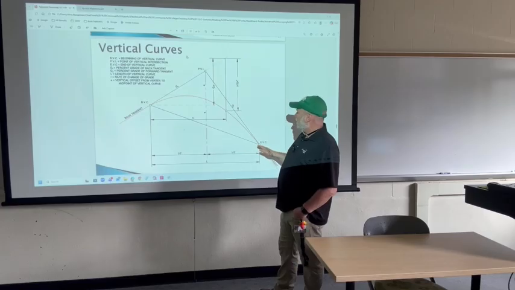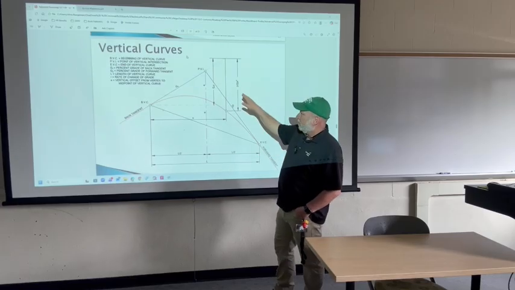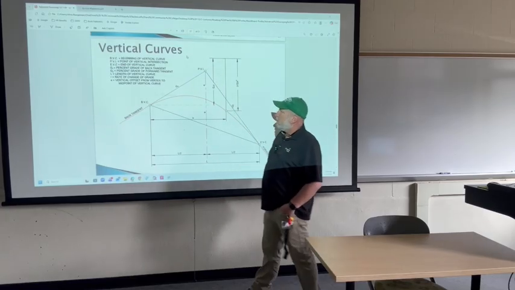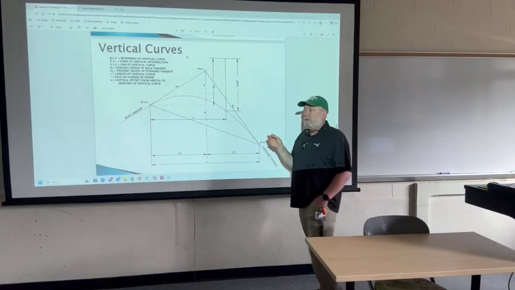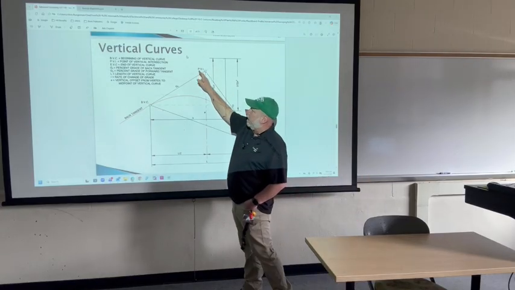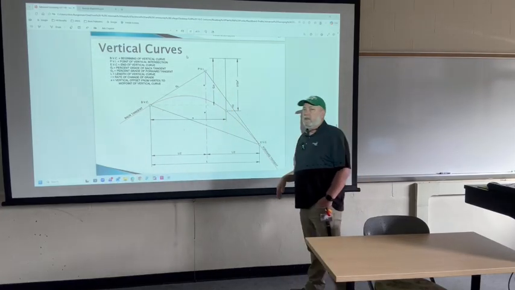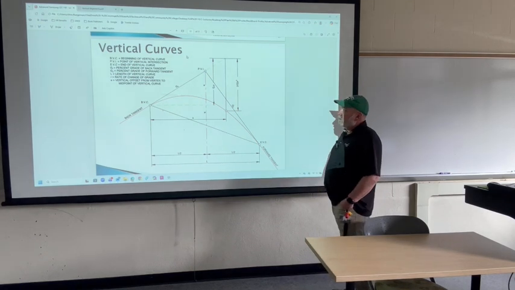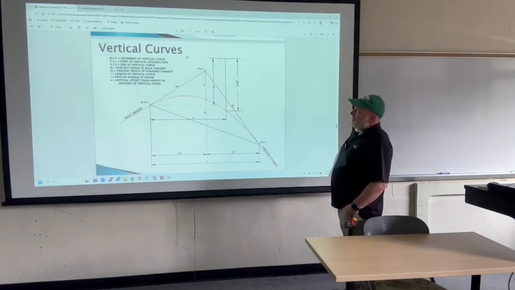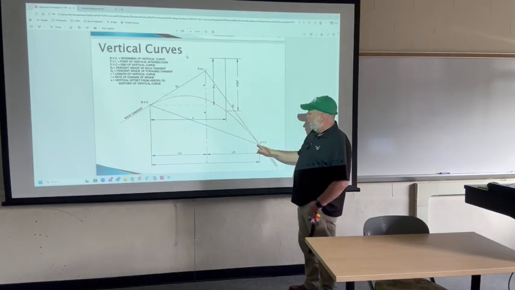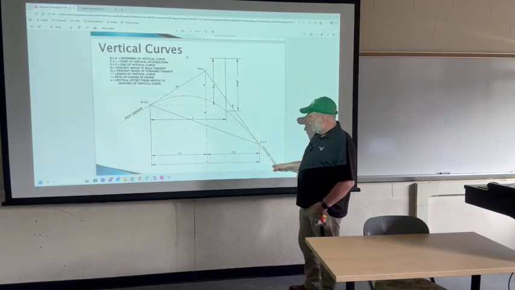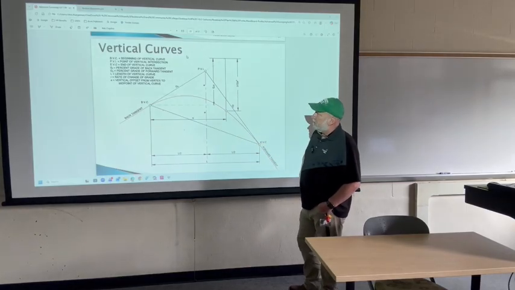PVI, the point of vertical intersection, that is where your back and forward tangents come and intersect. On a lot of highway plans specifically, along with a PVI, you will also be given a PVI elevation. EVC, the end of the vertical curve, so that's where you would be coming out of the parabola and begin into the tangent again, the forward tangent.